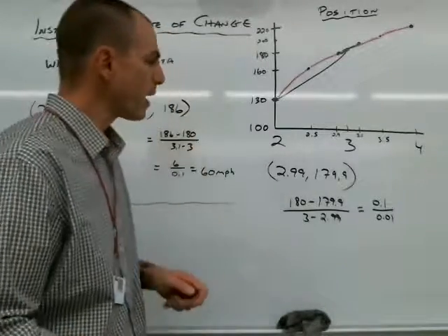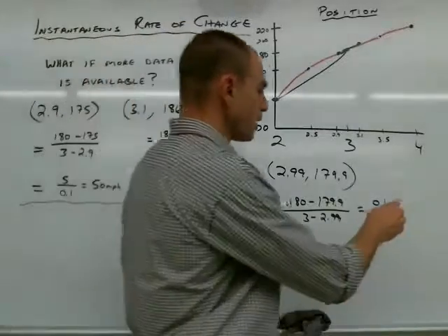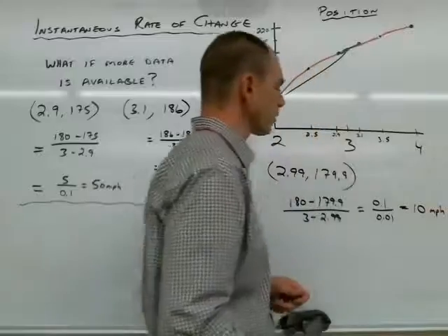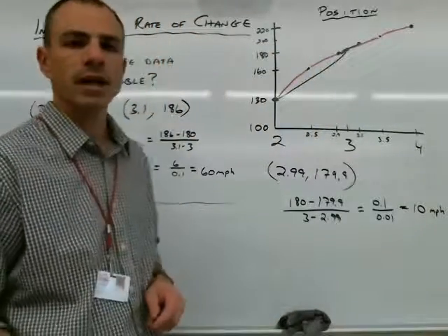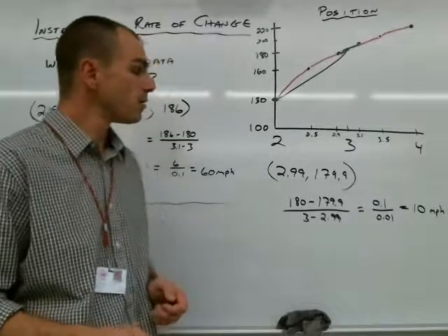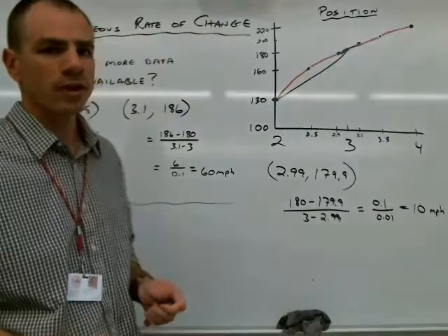Okay. Well, what happens when we do a tenth divided by 100th? Okay. Well, yeah, it's going to turn out to be 10 miles per hour. Okay, 100th goes into a tenth just 10 times.